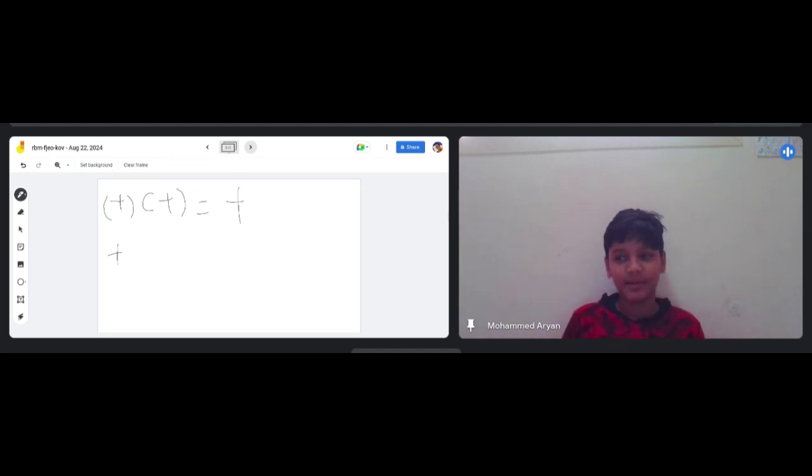Minus minus is equal to plus, and plus plus is equal to plus. These are four very important rules. If you learn them today, they will help you in all your calculations till matric FSc, inshallah.